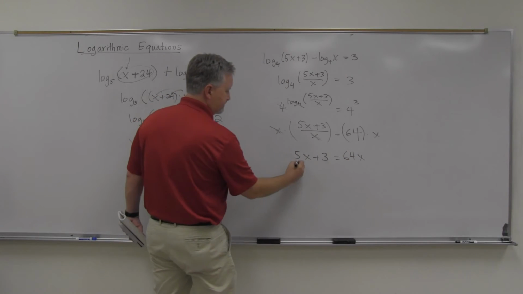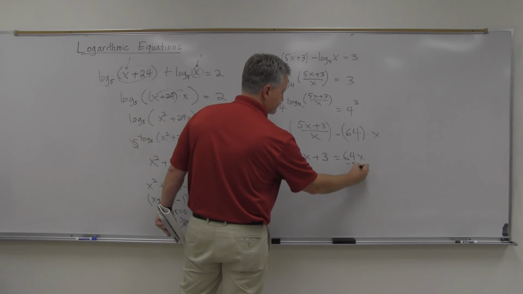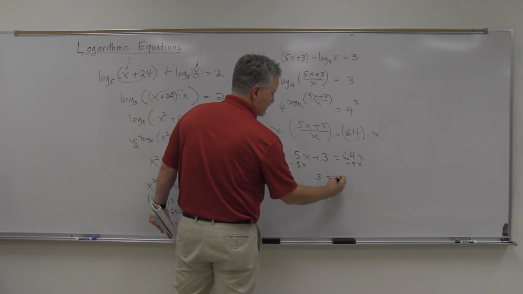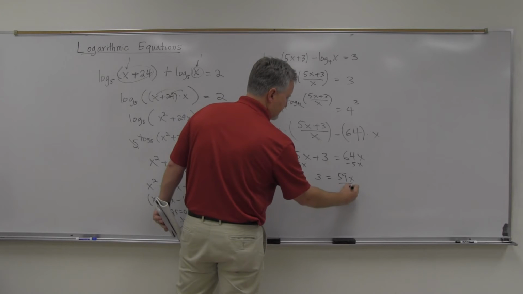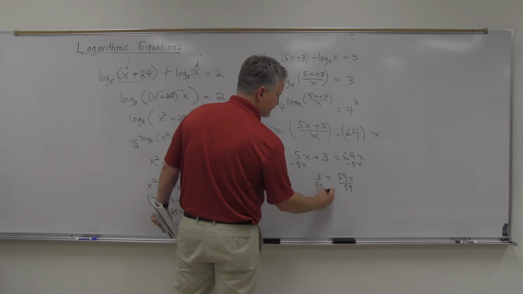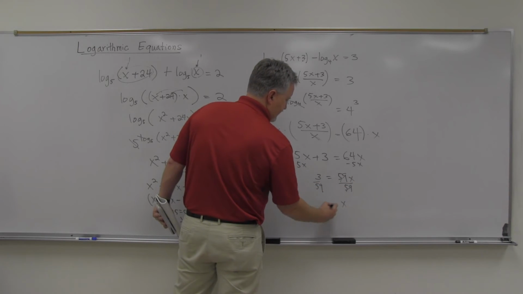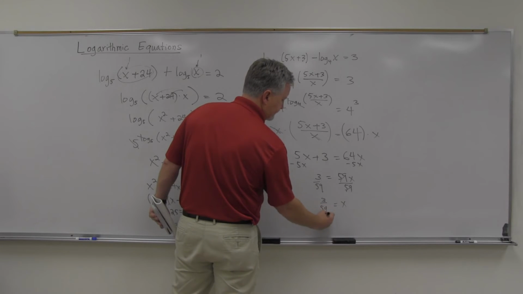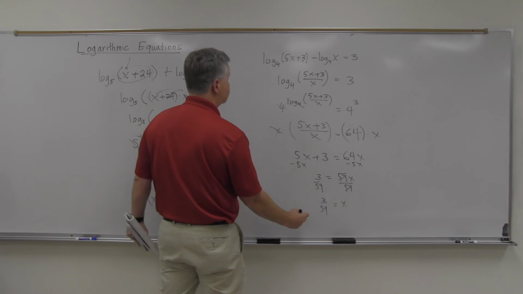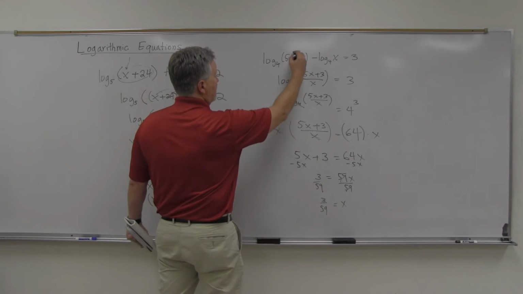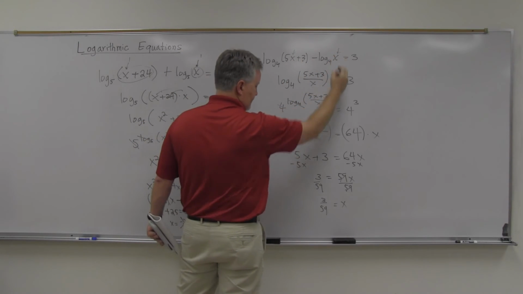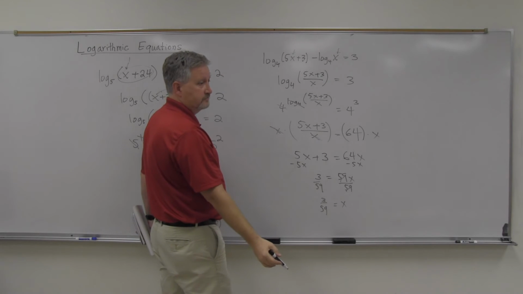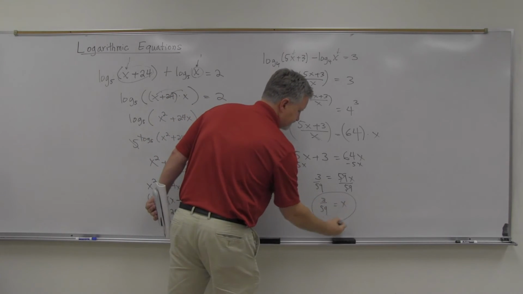That's just linear, so subtract the 5x. And then that's 59x, divided by 59. So x is 3 over 59. Does that check out? I think so. 3 over 59 is a positive number, so it's okay. Checks out.